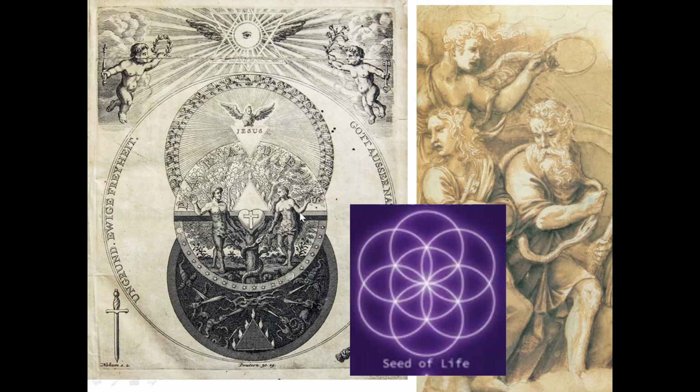And this is Adam and Eve. These 3 circles represent the seed of life, which is Metatron's cube. We have 1 circle here, 2 circles here, and 3 circles here, and this creates the daisy of death.